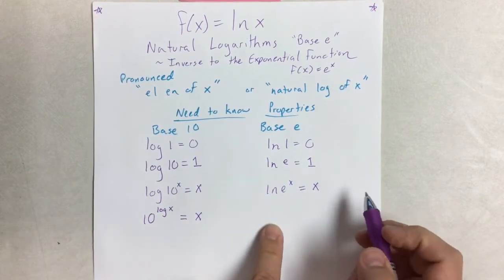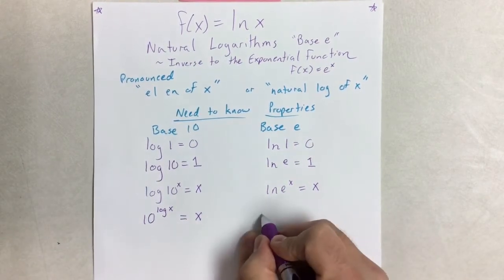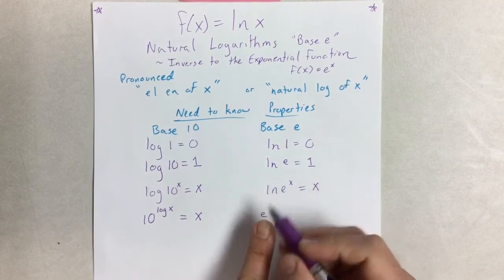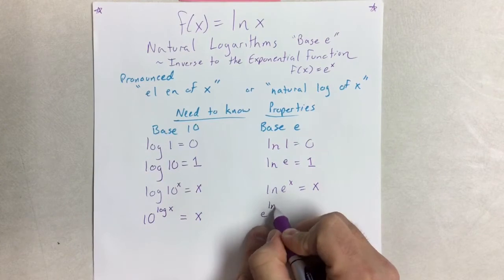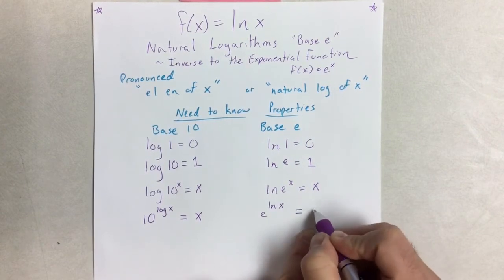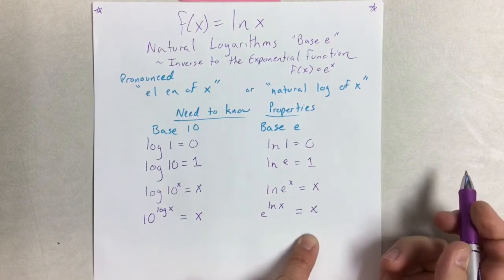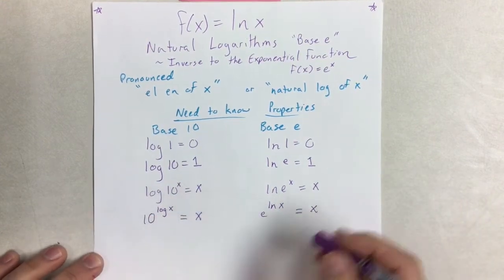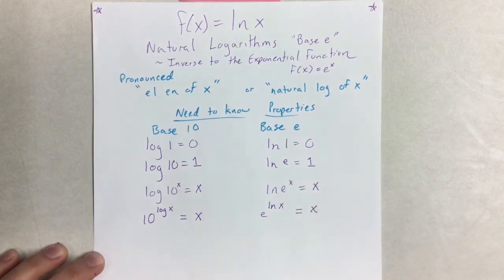Over here, if I take e, because that's the base in this logarithm, and raise it to the natural log of x, it also equals x. These are some basic properties that we need to know.